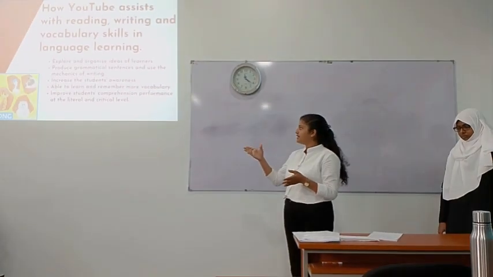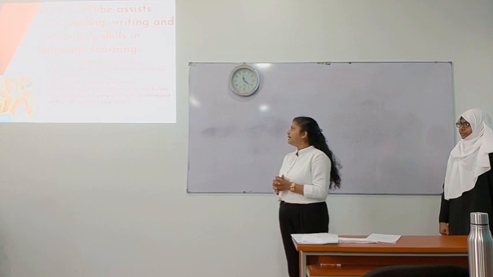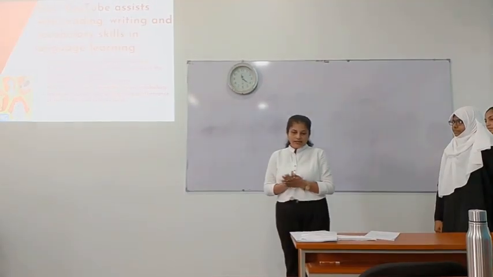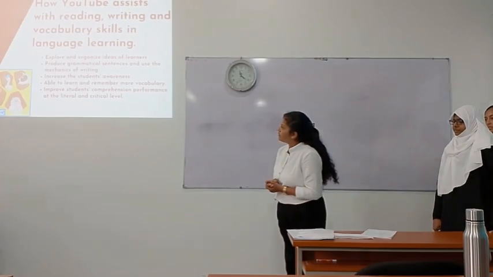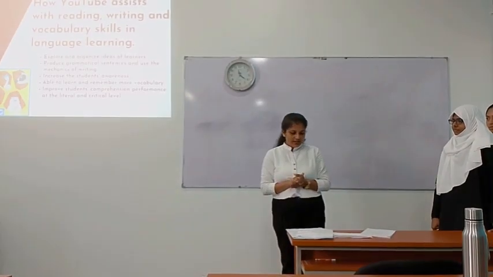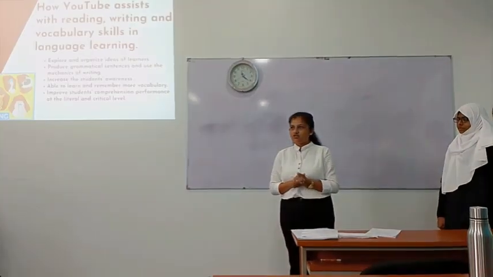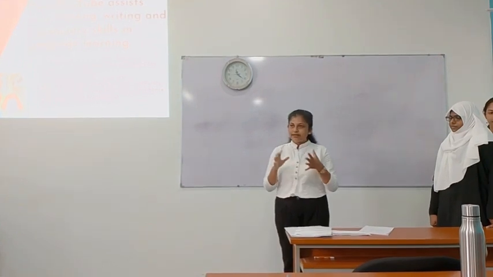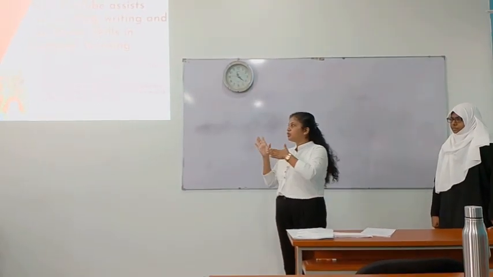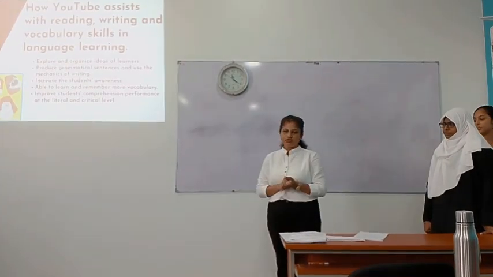And my last point is it improves the students' comprehension performance at the literal and critical level. When we talk about their literal and critical level of comprehension performances, using prior knowledge, then predicting, questioning, inferencing, visualizing, they help to improve their critical and literal comprehension level of their English knowledge.